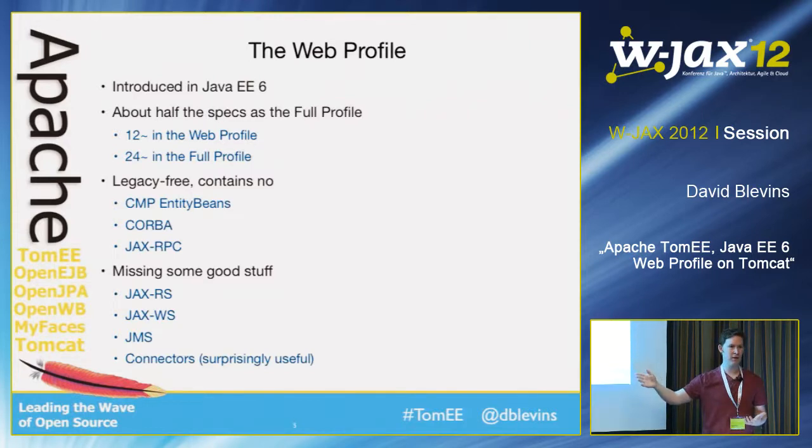JMS, obviously very critical. One that's not very well known is connectors. That's actually how JMS is plugged into an app server. And I've got a talk later on today about revamping this old API into something that's relevant for today. I think it's a really cool technology, but that's also in a distribution of TomEE.